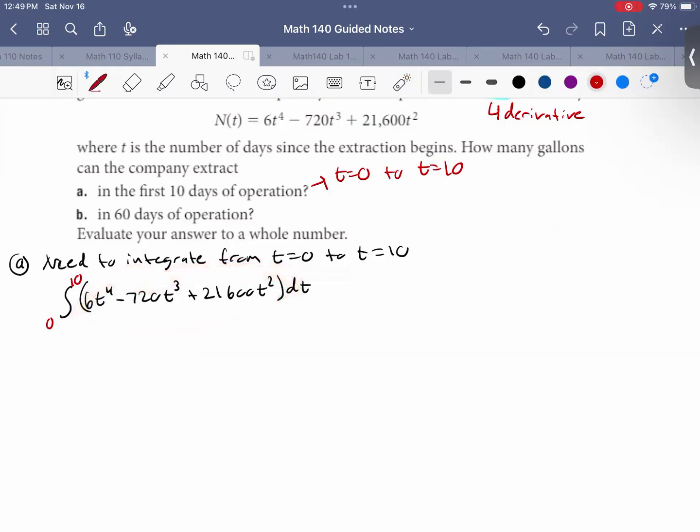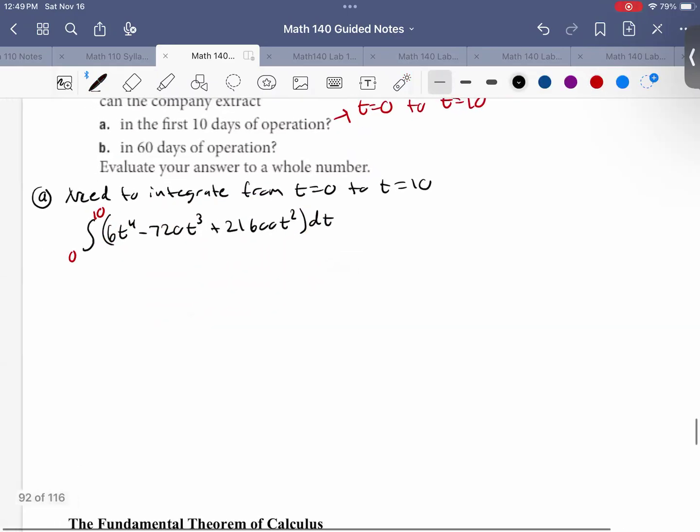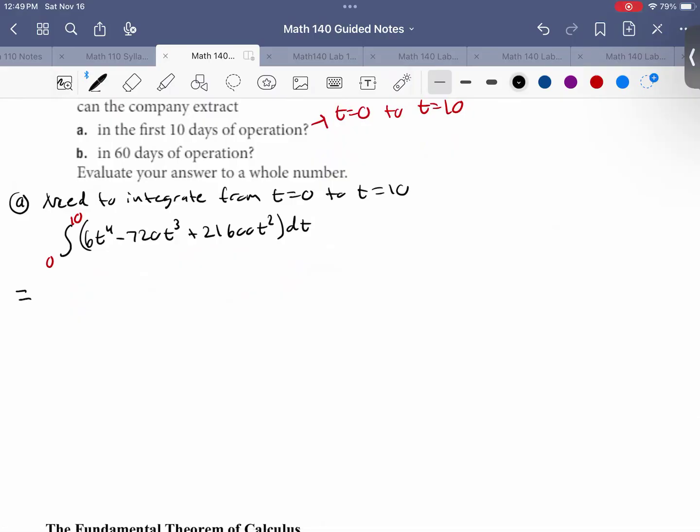This becomes 6t to the fifth over 5 minus 720t to the fourth over 4 plus 21,600t cubed over 3.